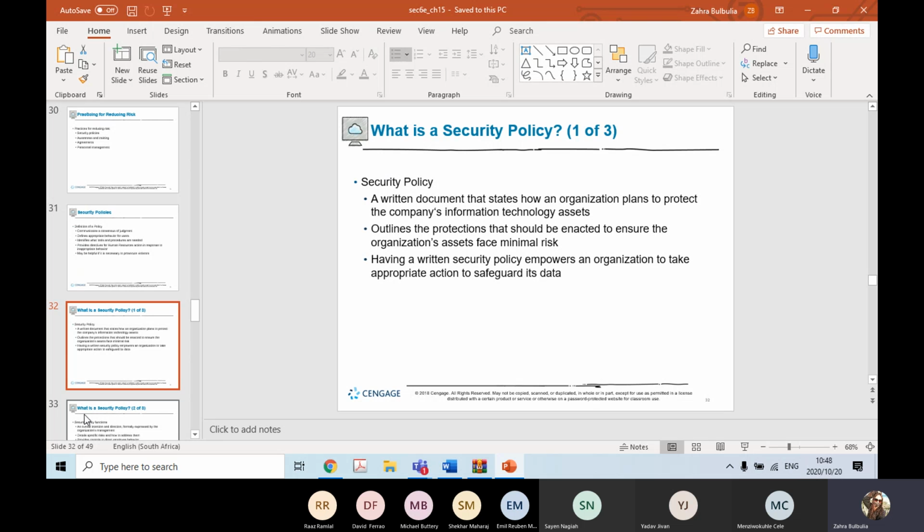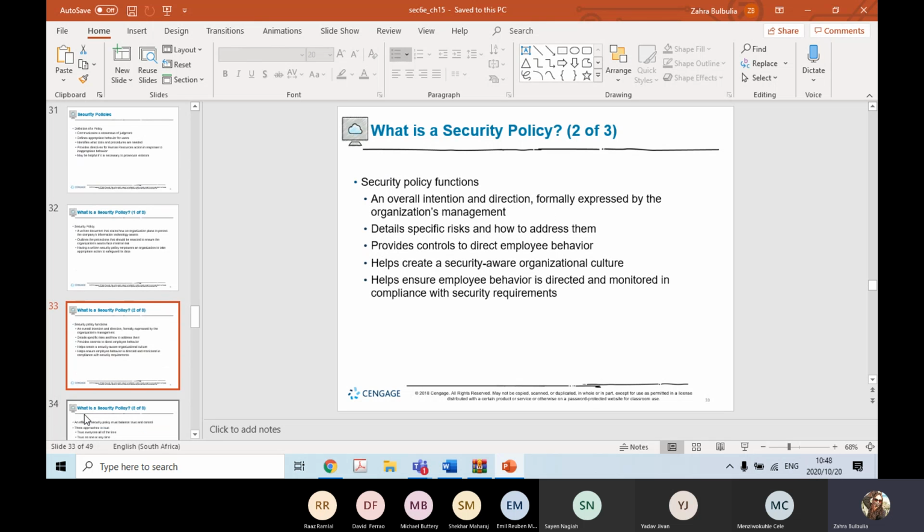So having a written security policy empowers an organization to take appropriate action to safeguard its data.